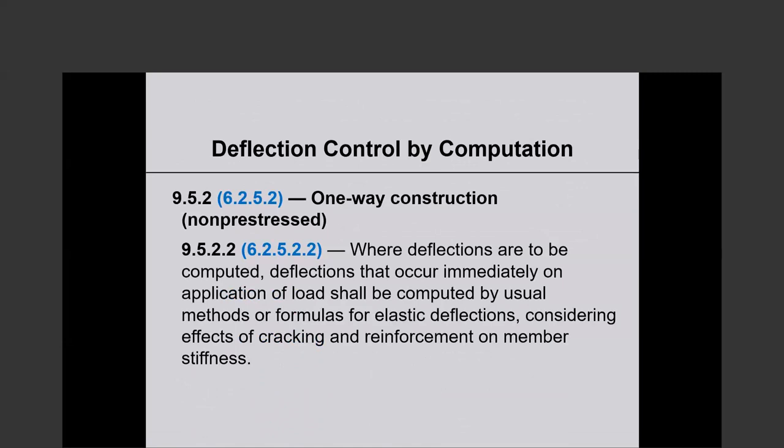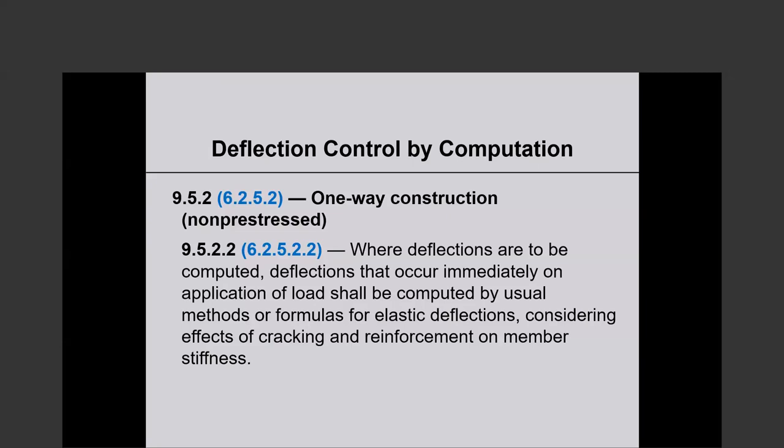There is also deflection control by computation. So if you are unable or unwilling to provide the minimum depth required by ACI 318, you can go with thinner, shallower members, provided you can do deflection computation and show that the computed deflections are within tolerable limits.